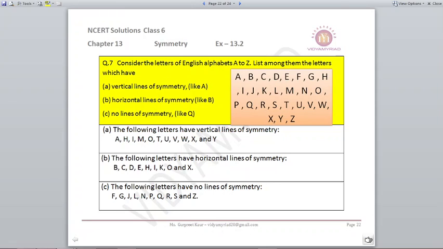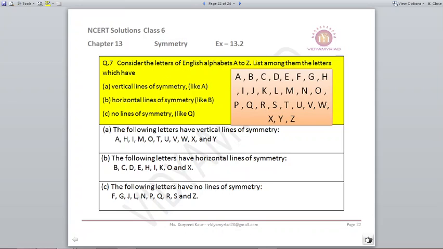B part, we need to find out horizontal lines. Horizontal means sleeping line. The pattern should be the same. So you have B, C, D, E, H, I, K, O and X. All these will represent the horizontal lines of symmetry.